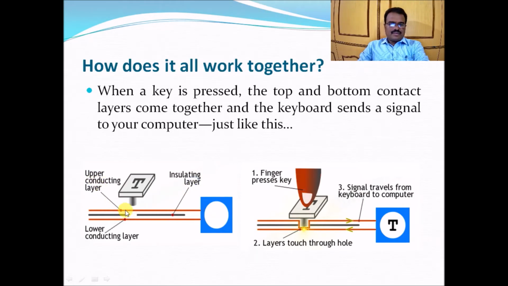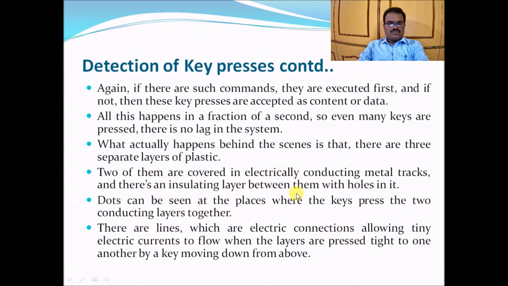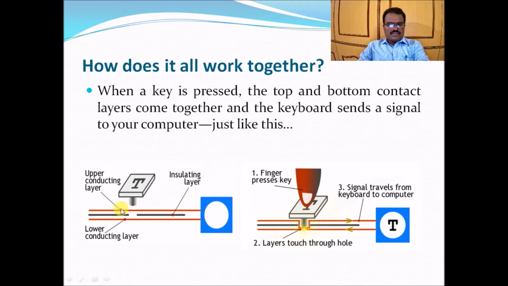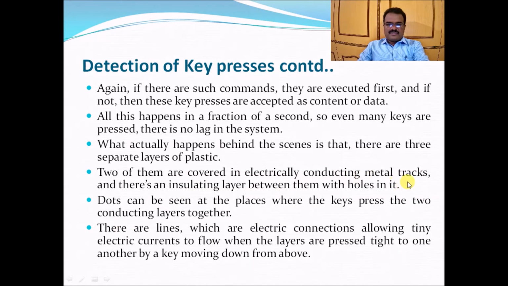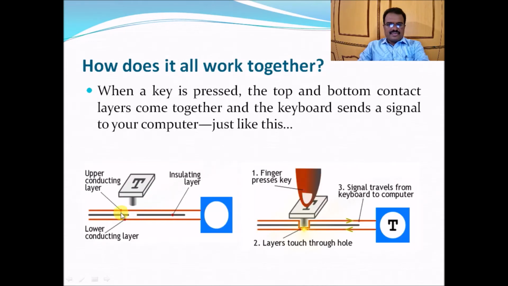This one is the upper conducting layer, this is the insulating layer, and this is the lower conducting layer. Two of them are covered in electrically conducting metal tracks, and in the middle between these two is an insulating layer.